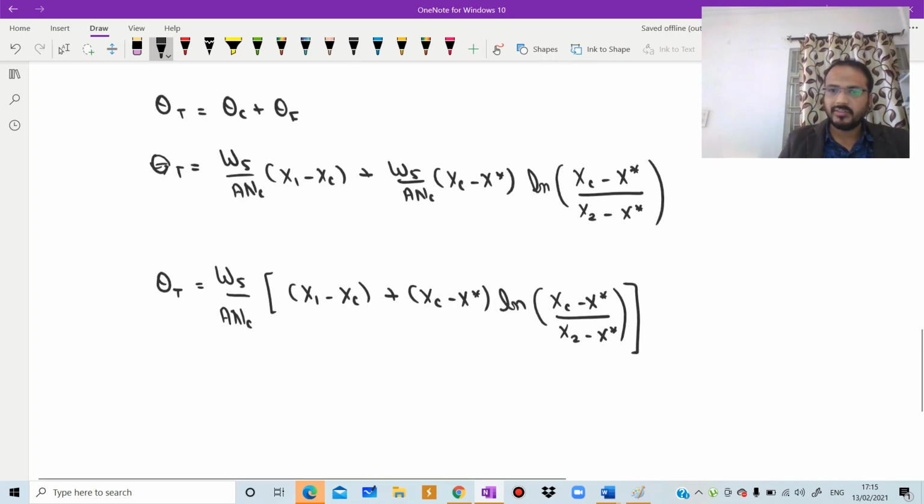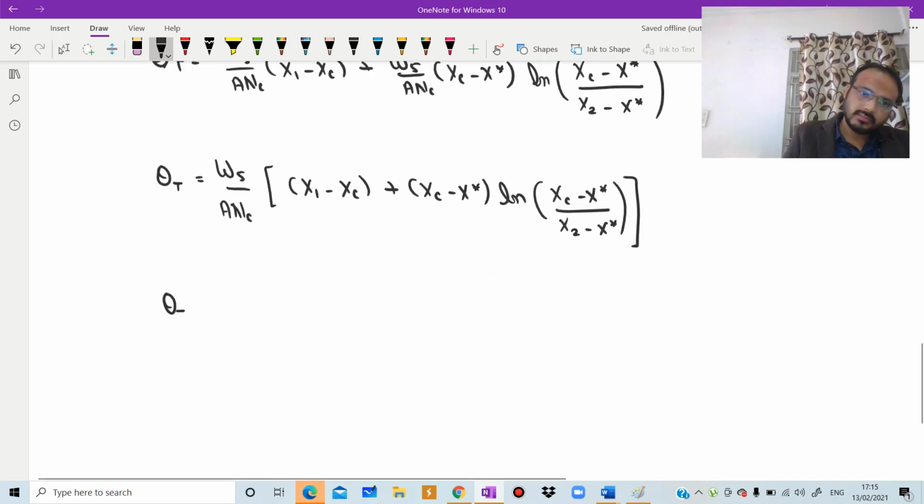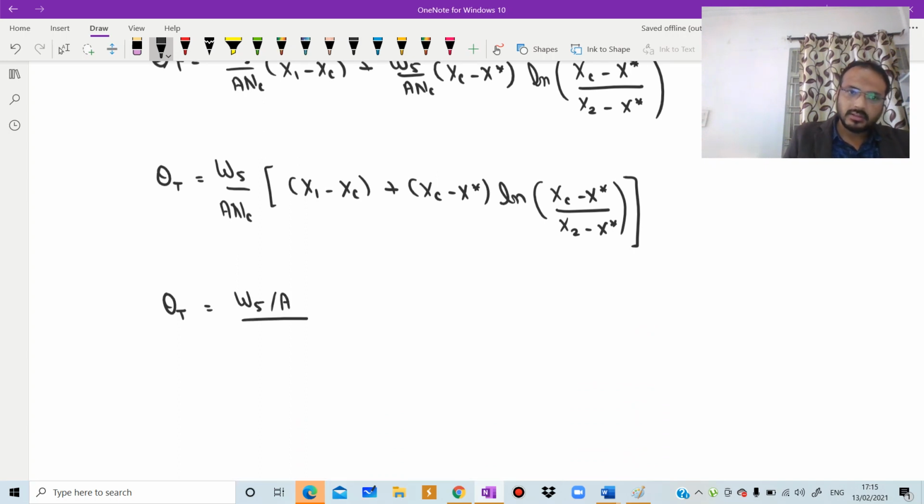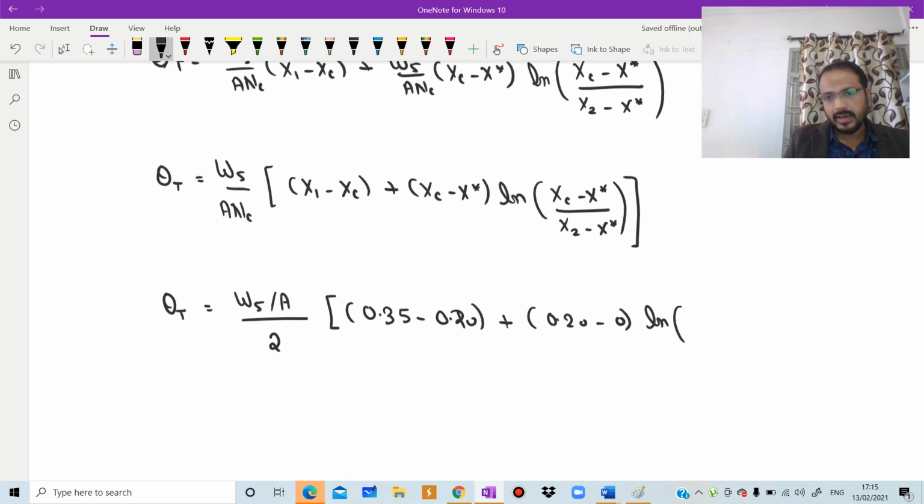Put all these values in the given equation. Theta t is equal to Ws by A, the value of NC is 2, the value of x1 is 0.35, the value of xc is 0.20, plus the value of xc, 0.20 minus 0, ln of 0.20 minus 0 divided by 0.10 minus 0.